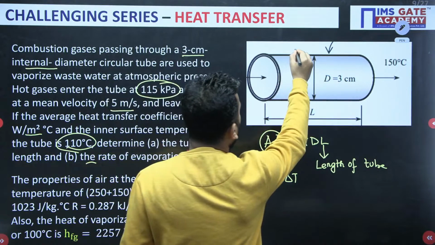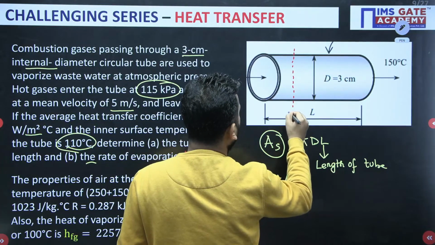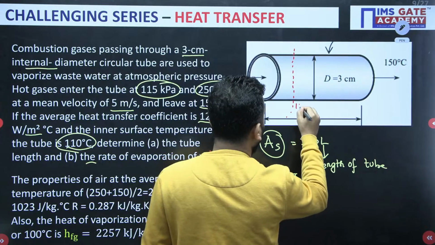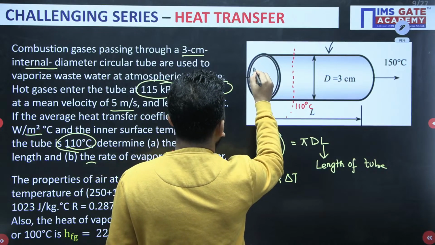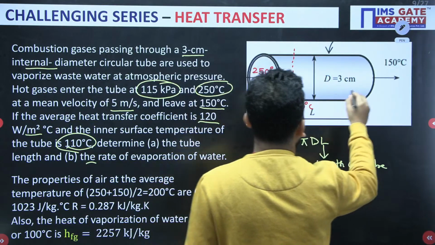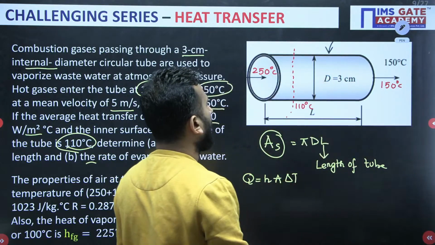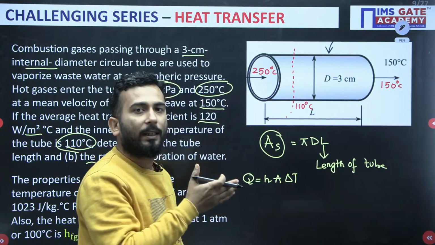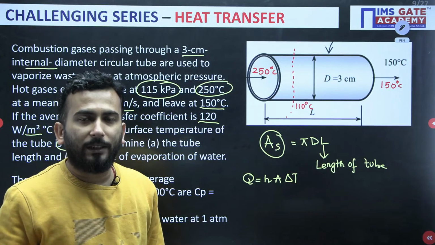The wastewater is maintained at a particular temperature of 110, but at the entry the hot gases are at 250 degrees centigrade and at the exit at 150. So it is changing across the length, and you will not find a constant temperature difference at any particular length. It is always changing, and whenever temperatures are changing, we have to find the average.